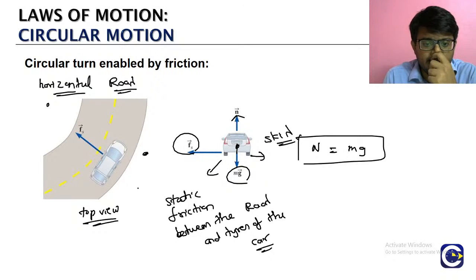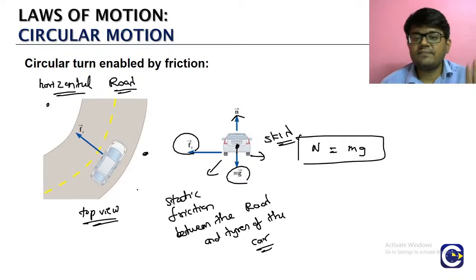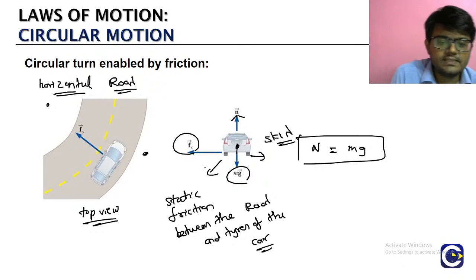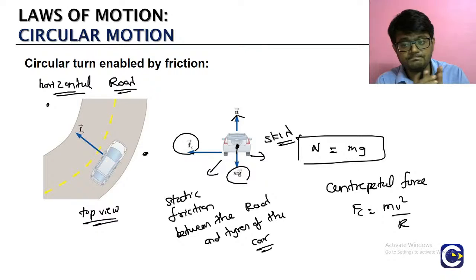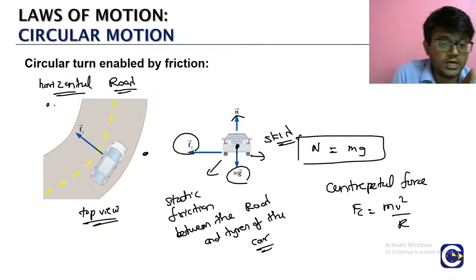And here, if we need to have a safe turn, what is the centripetal force that is required for us? mv square by r. This much force is required for us, where r is the radius of the circular turn.